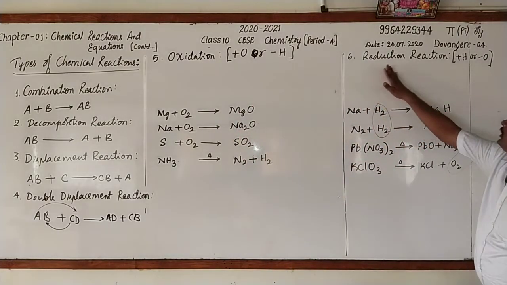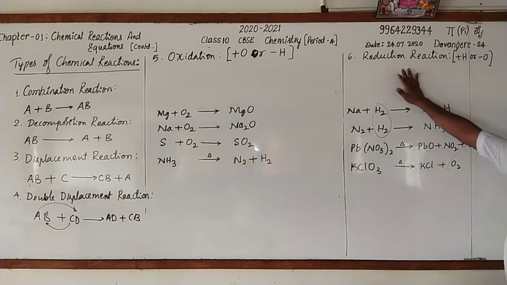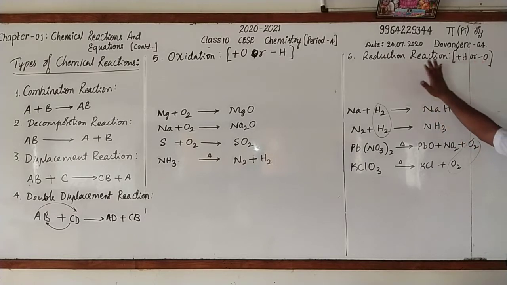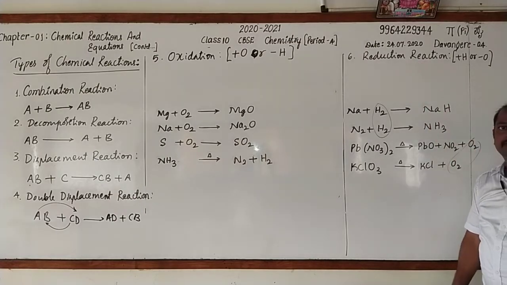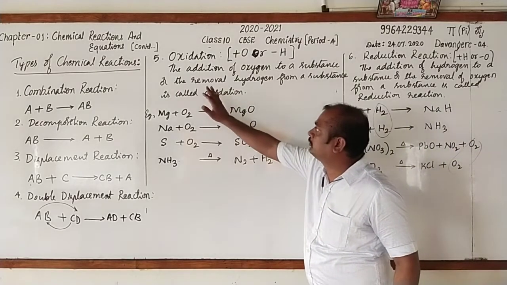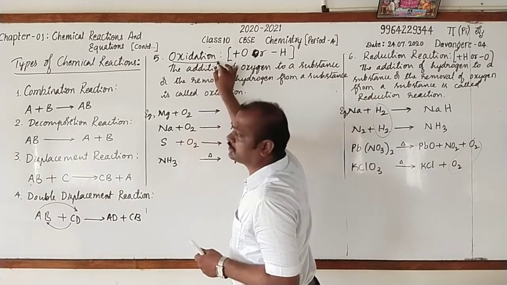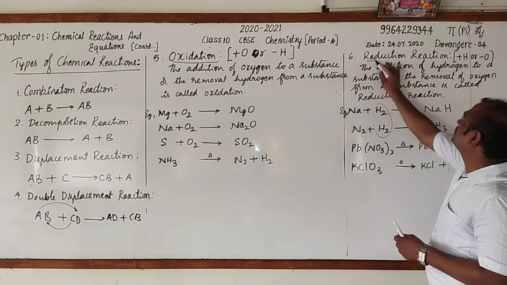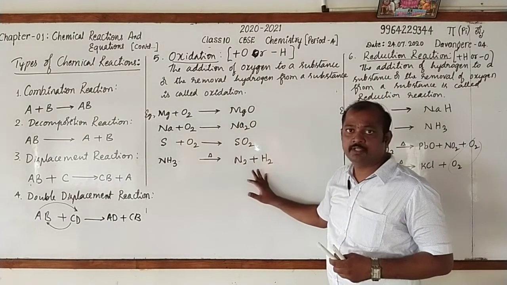Here, the addition of hydrogen to a substance or removal of oxygen from a substance is called reduction reaction. So now I'll go for writing the definitions. Please write the definitions of both. This is oxidation reaction and this is reduction reaction. Write the definition and take these examples.